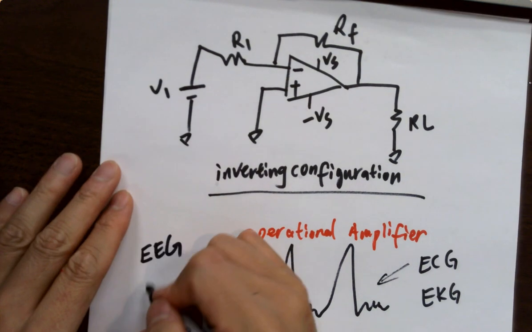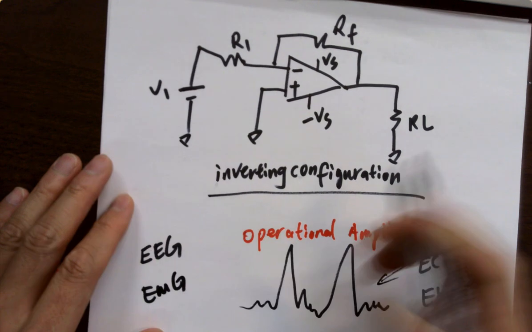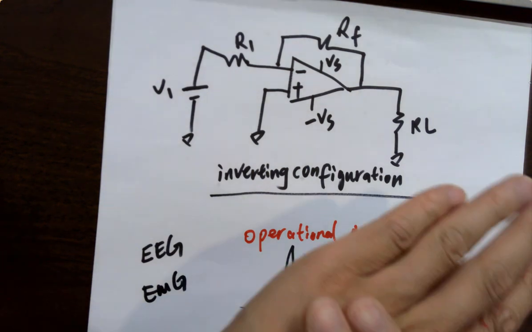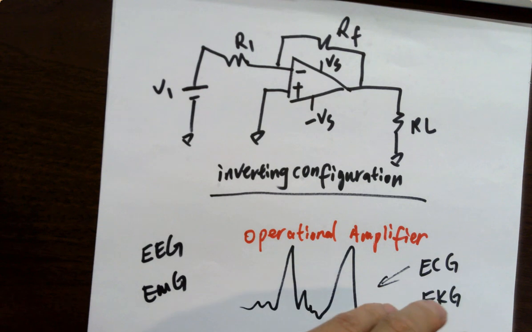And there's another one called EMG, for muscle, also being used for diagnostics. You just put a very simple electrode on a certain area of the muscle, and it's able to collect electrical signal for diagnostic purposes. There are a lot of applications. And these are areas where you need precision amplifiers because all the signals are tiny.